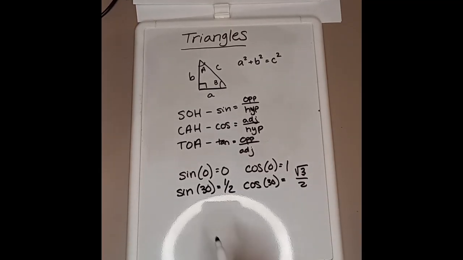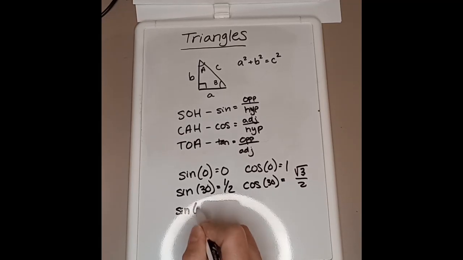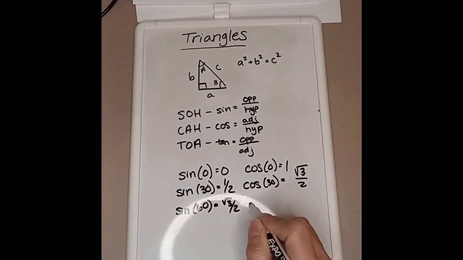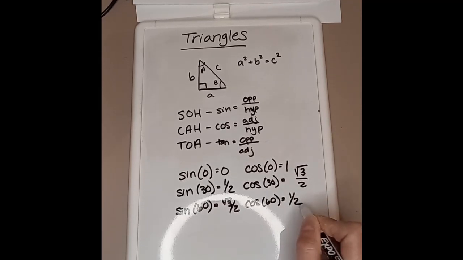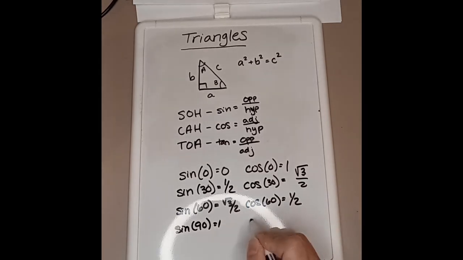And obviously you don't really need to memorize these. I don't memorize them, I just look them up. There was a time when we had to memorize all of these. That was a long, long time ago. So these are just some basic ones, and sine and cosine are usually opposite each other. So when we get down to sine of 90 is 1, and cosine of 90 is 0.